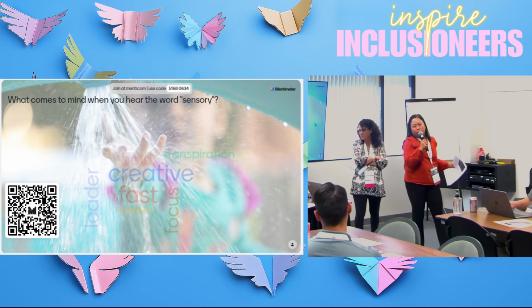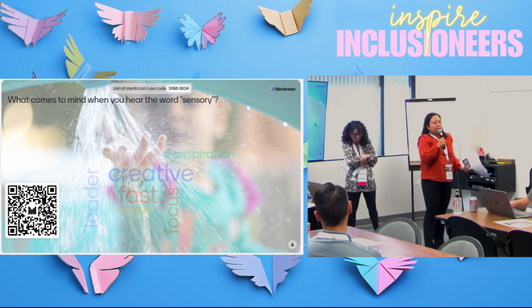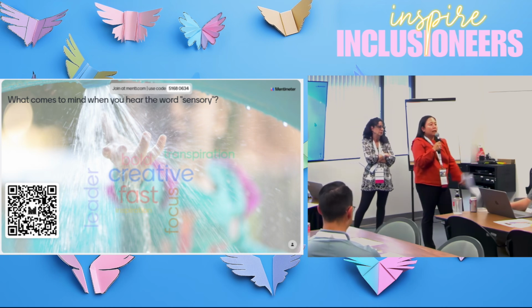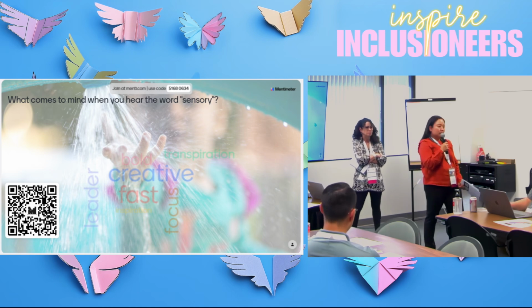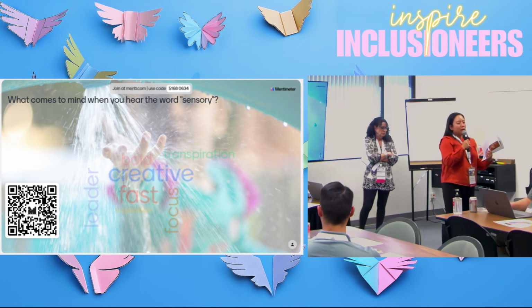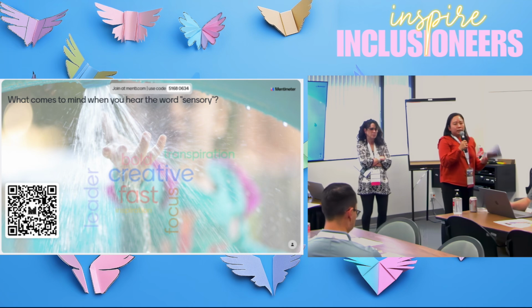Why do you think this is important? When you're in a classroom and you are asked, what are you doing about my kid's sensory needs? Or what is in place when my student or my kid goes to your class and there's a sensory need?